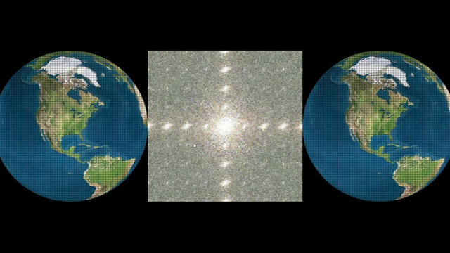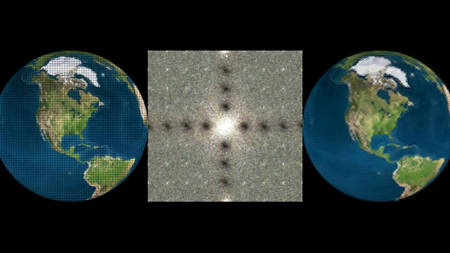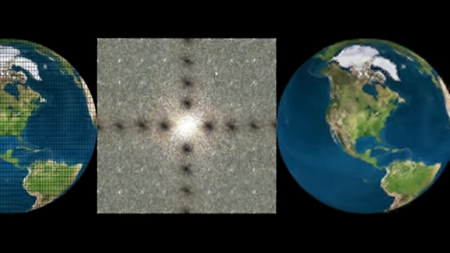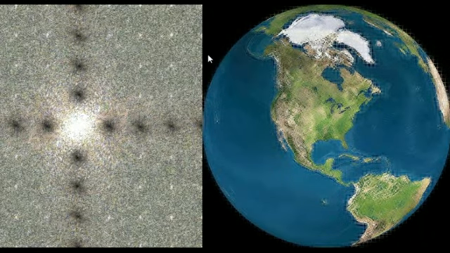Right. In fact, we can now take a little paint program or some other process and erase those points. And then when we convert that back, using the FFT again to convert from the frequency domain to the spatial domain, we end up with an image that is free of the artifacts on the right. So I mean, it could be that people in the audience aren't quite able to see exactly what's happening here because they might be watching this video through a small little screen and not a big gigantic display on their wall.